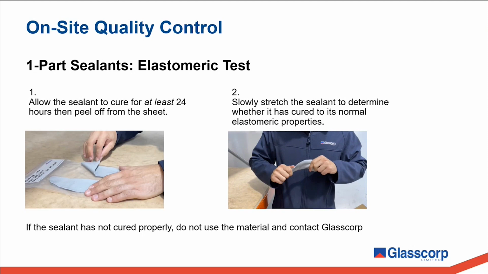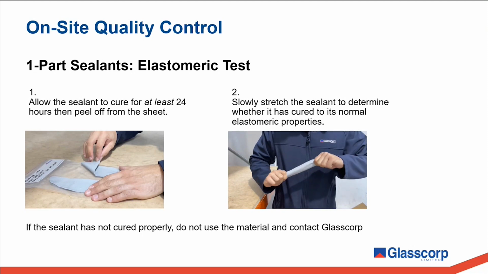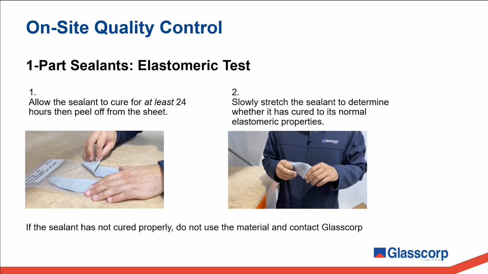If the sealant is not cured properly, or if you see any irregularities, like the sealant is very stretchy or it's brittle, don't use the material and let us know. Again, a record of this test, along with all the relevant details, should be kept in your QA log.